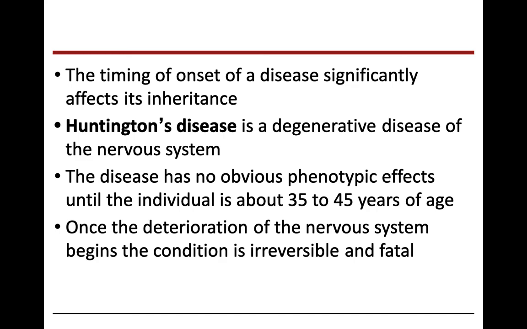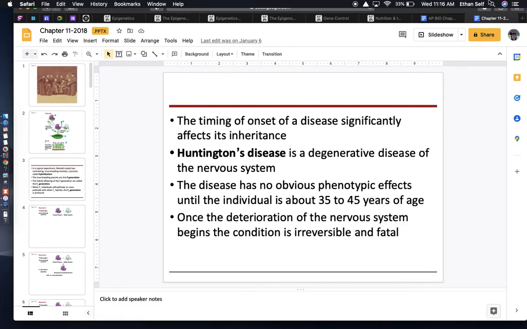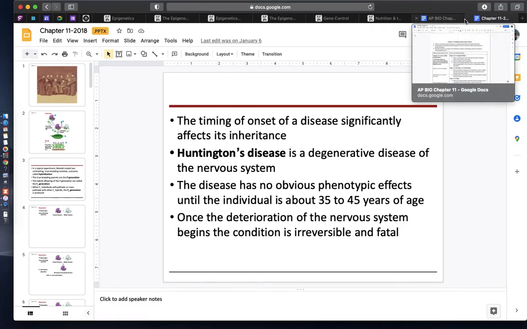But the problem is that the disease has no phenotypic effects until about 35 to 45 years of age, at which point people might have had 1, 2, 3, 4 kids. So it has been something that is really important to screen for in terms of genetic testing to make sure that people don't unknowingly pass on a trait to future generations.